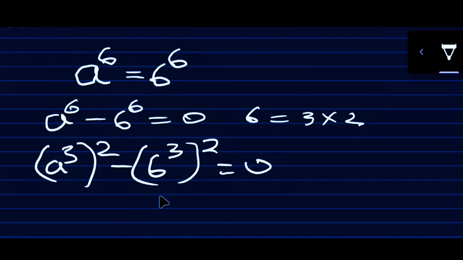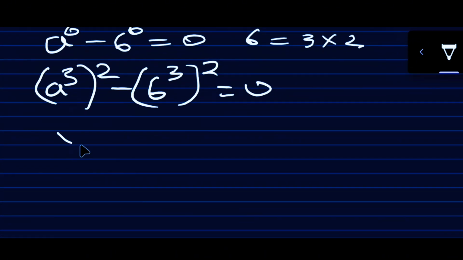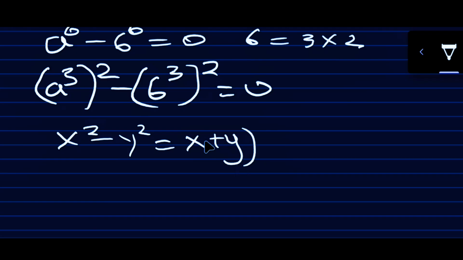Now looking at this, you can see that we have a difference of two squares here. If we have x squared minus y squared, this equals (x + y)(x - y). So we have to express the left hand side in this form.